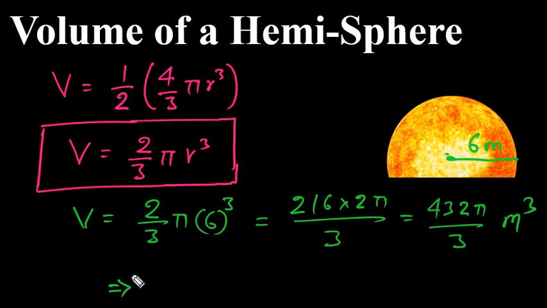If you want to further solve it, so 432 multiplied by 3.14, that's your pi value, divided by 3, this will give you 452.16 meters cubed. So this is the simplest question.